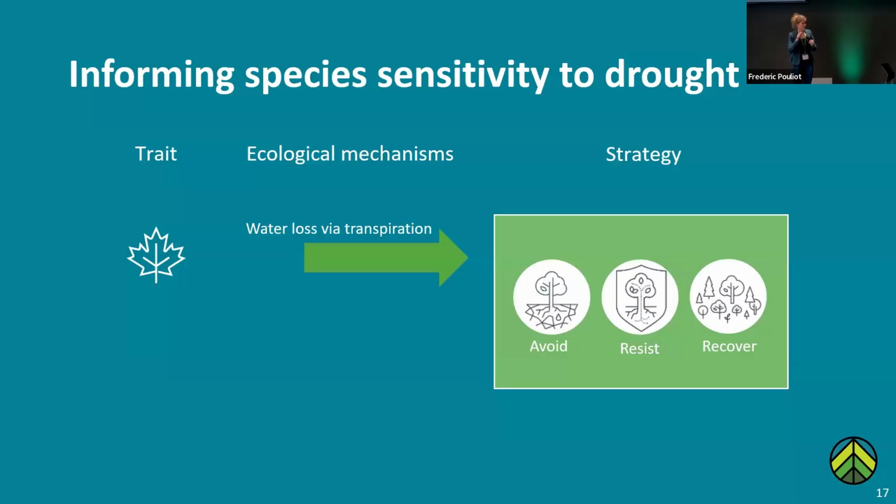So within DIVERSE and within Team 1, Isabelle presented to you the species sensitivity indices that we wanted to develop. For sensitivity, we can define a species strategy as avoidance, resistance, or recovery. And up till now, the indices mostly took into account leaf traits because data were available.